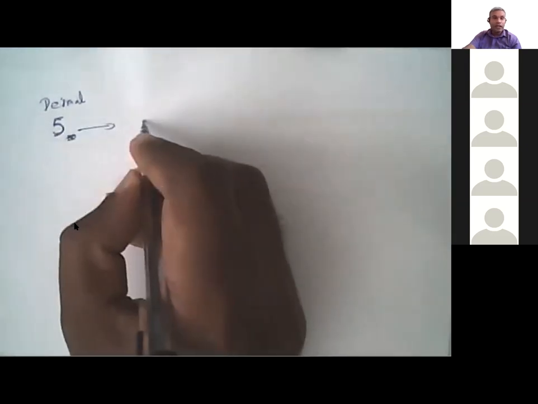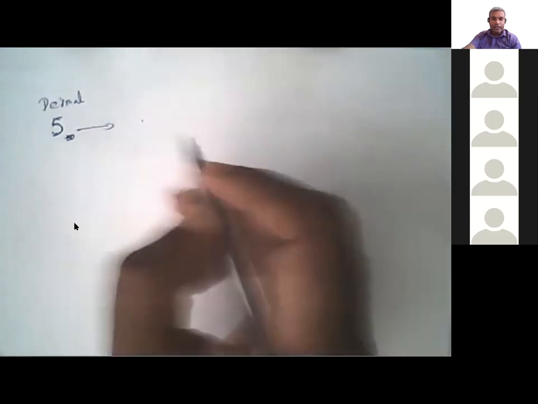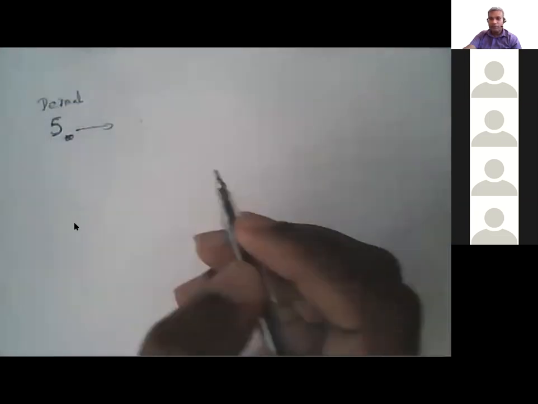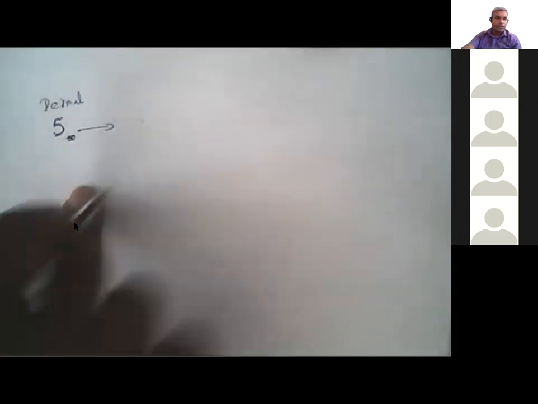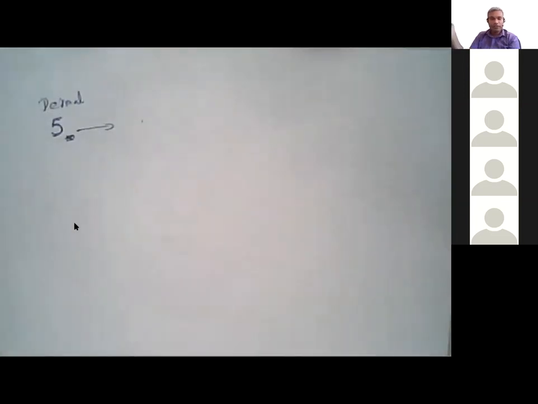I want to convert it to binary. Can you convert it and type it in the chat window? You already know several ways to convert it to binary, so do it in some way and type it in the chat window. Maybe in the O levels and A levels, you have done the binary conversion. Okay, one person answered. Anyone else?